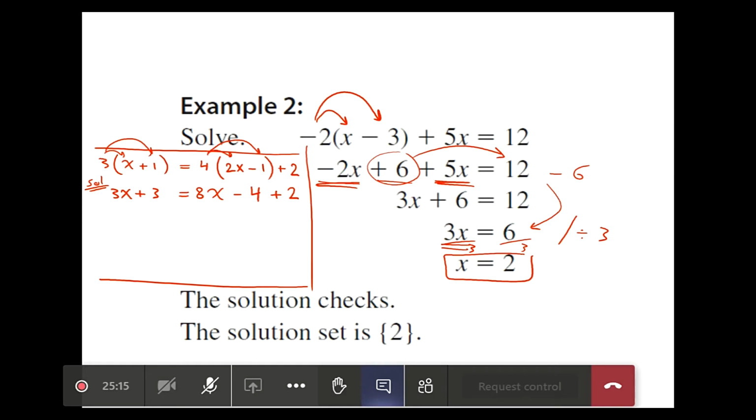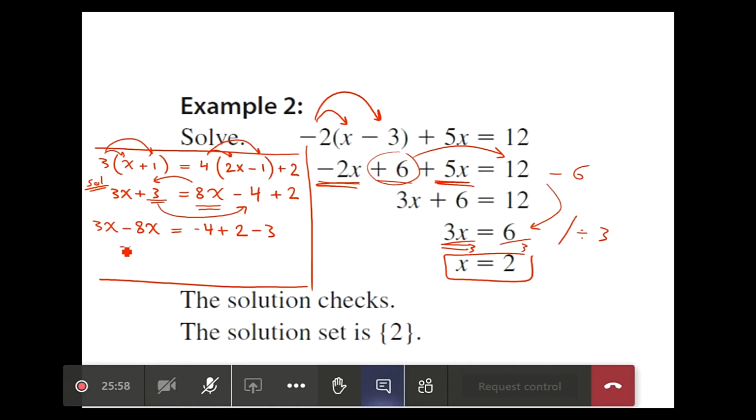Look here. We have x on the left hand side and right hand side. We have numbers on the left hand side and right hand side. So what must we do? We must move any terms in x to the left hand side and any number to the right hand side. So we have 3x minus 8x equal negative 4 plus 2 minus 3.